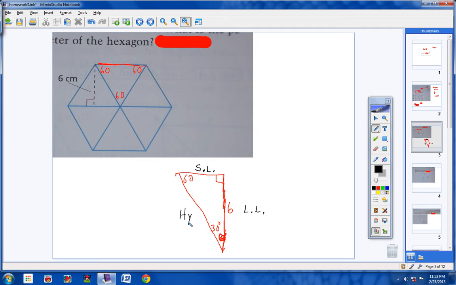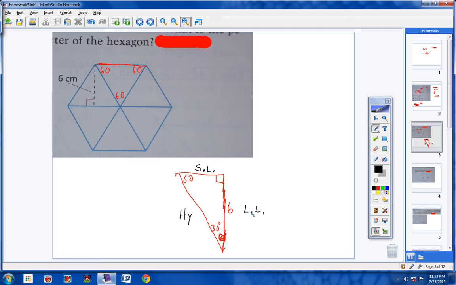Now, what did we learn, students? Let's think about our special triangles. And listen, if you don't have these memorized, you better memorize them for the test, okay? I'm telling you, you've got to know these for the test, okay? We know the hypotenuse in a 30, 60, 90 triangle is twice as big as the shorter leg, or you can say the shorter leg is half as long as the hypotenuse.